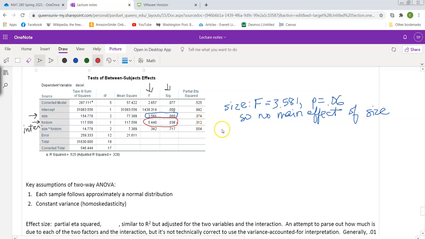Circle that one in red. FORDOM has an F statistic of 5.440 and a p-value of 0.038. So there is a main effect.